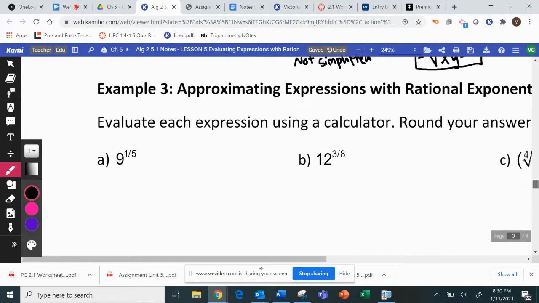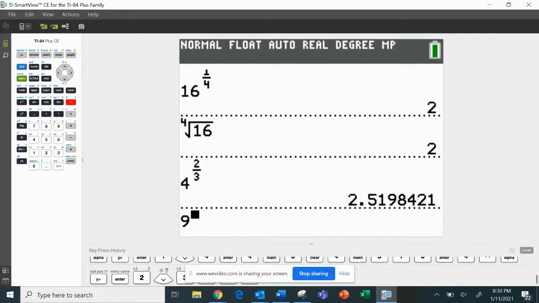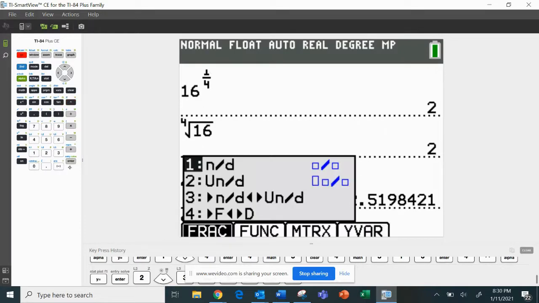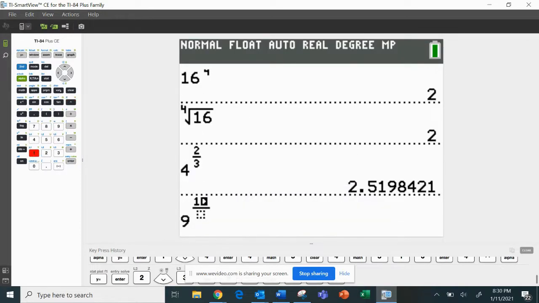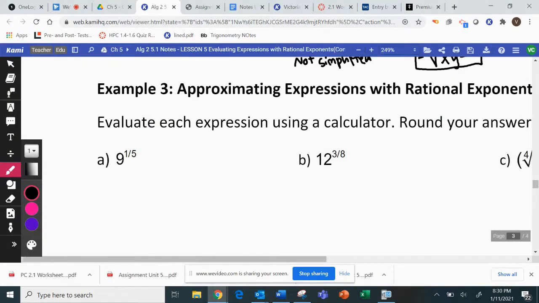Okay, the next is evaluating expressions using a calculator, and I was going over that earlier. So 9 to the 1/5. And we get about 1.5518. What does it say though?